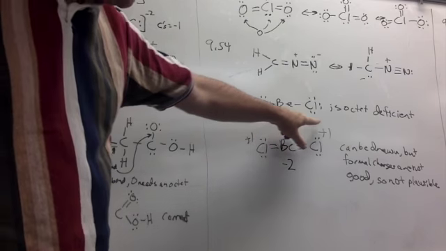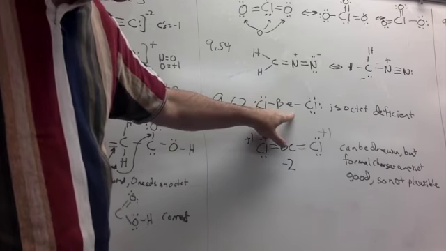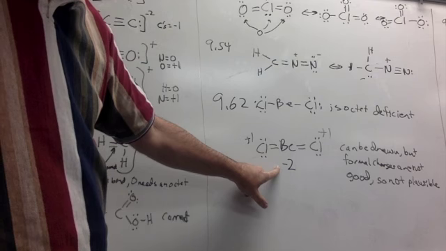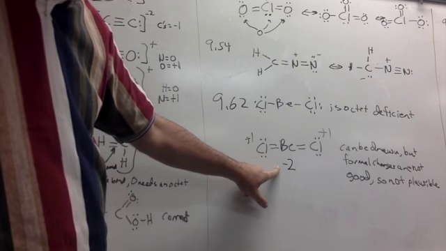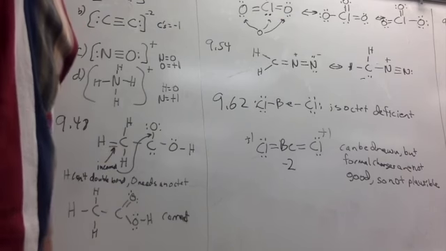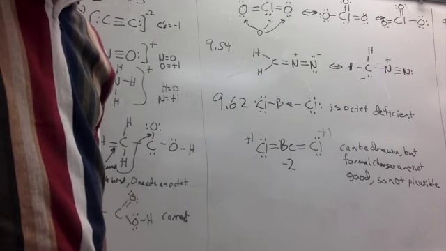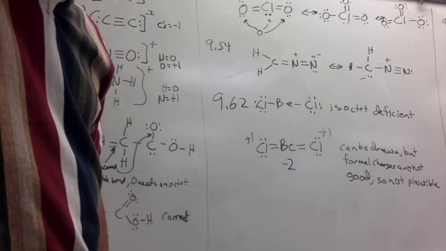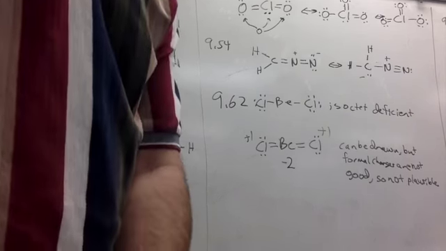So actually we allow BeCl2 to be octet deficient. We don't like the double bonded, even though it does generate the octet for beryllium. It gives it a minus 2 formal charge, and beryllium has a very low electronegativity, so that would be not plausible.